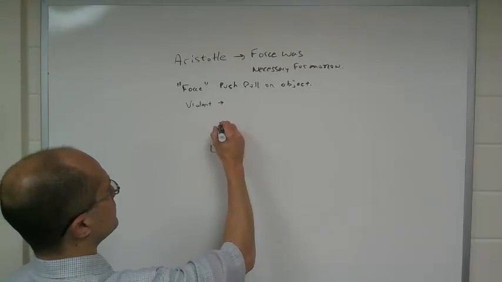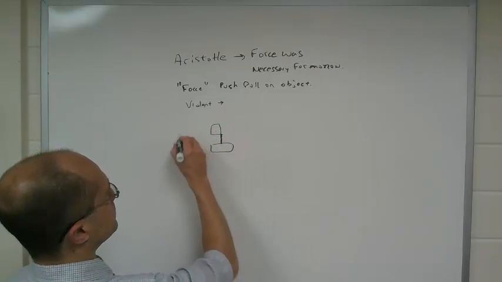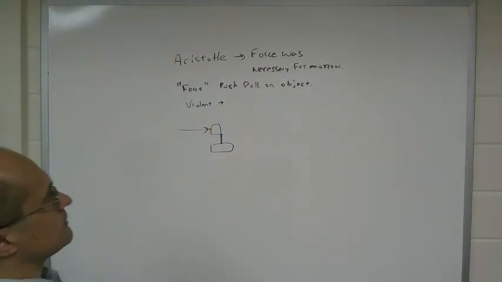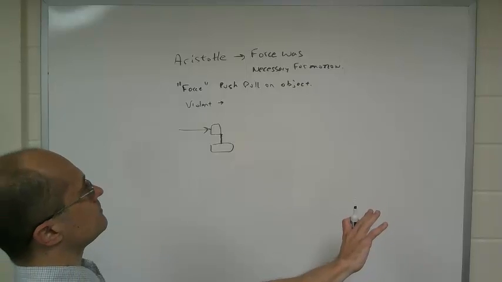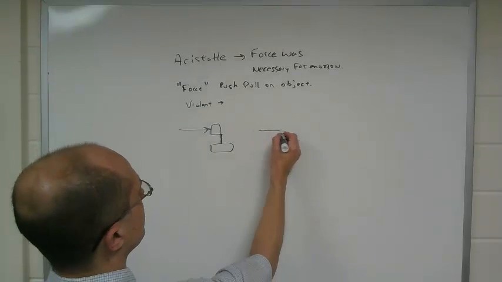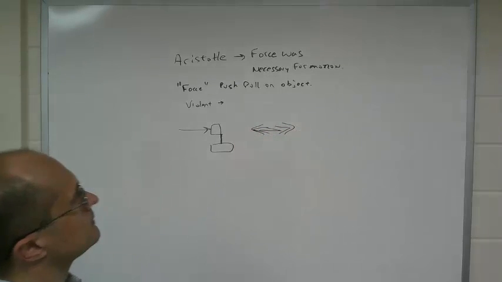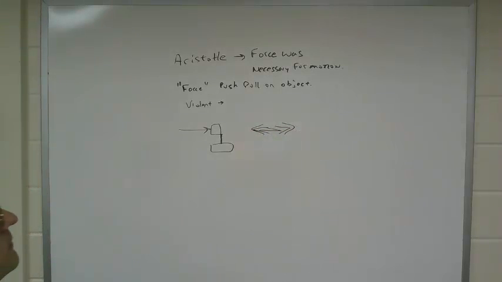His idea was that if you had a sailing ship, the wind pushes on the sail, and this is violent motion. When I push on an object with my hands and it causes side-to-side motion, anything side to side is considered violent motion.